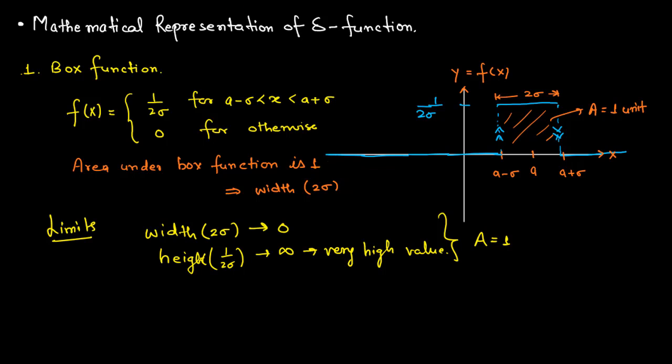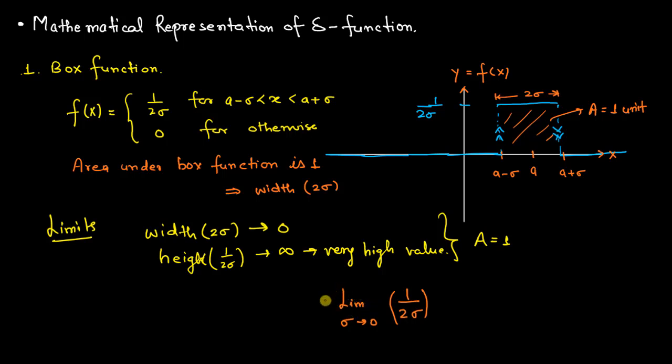So we can say that this box function f(x), which is 1 by 2 sigma, goes to the delta function in the limit when sigma tends to 0. So the width 2 sigma tends to 0, or sigma tends to 0, these are the same thing.